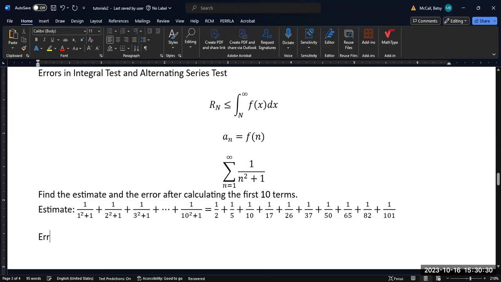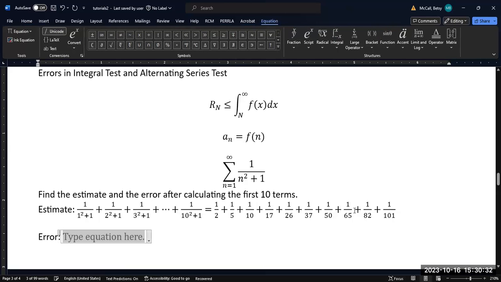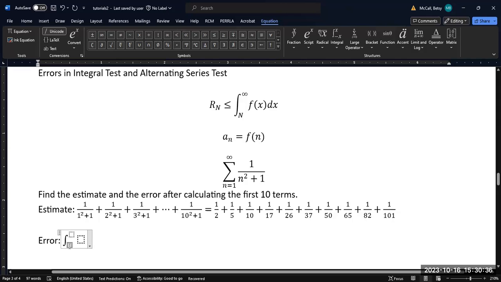But then the error on that estimate is going to be essentially the tail of my series. It's going to be from 10 to infinity. It is no bigger than the integral from 10 to infinity of 1 over x squared plus 1.